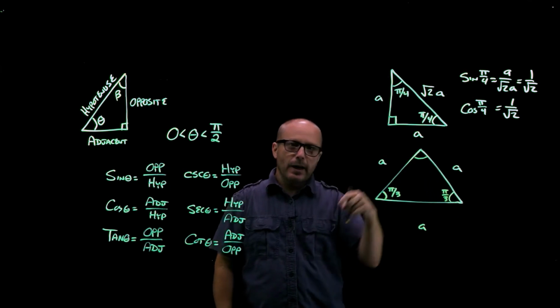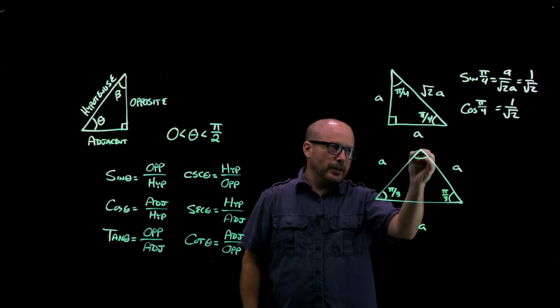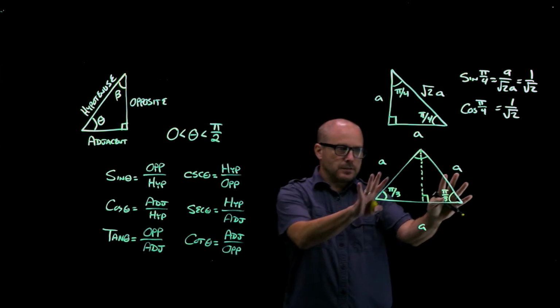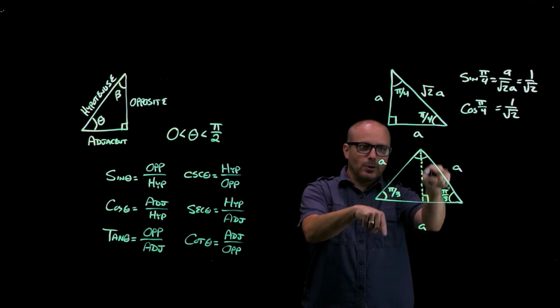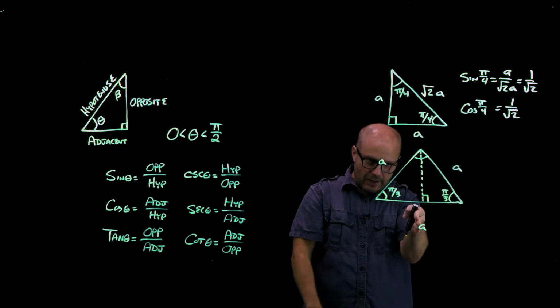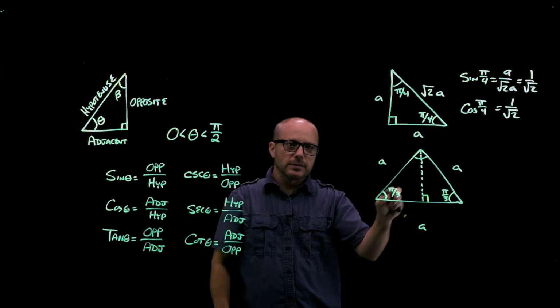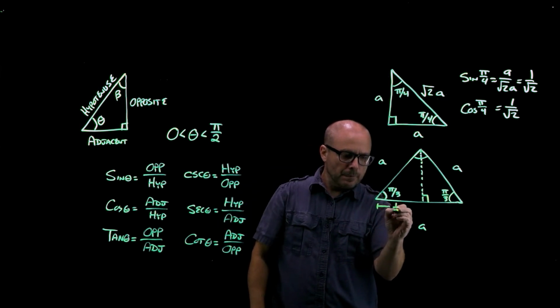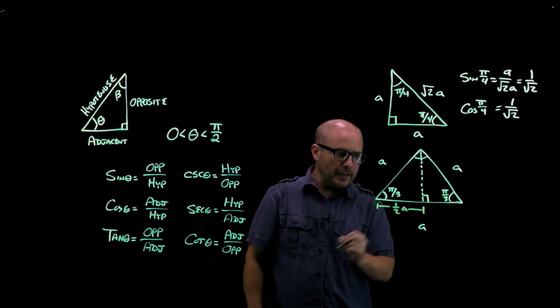I'm not going to label that one because I'm about to cut this triangle in half. So because it's equilateral and equiangular, if I cut it down the middle, I get mirror images of each other. So that means this side now is 1/2 a.